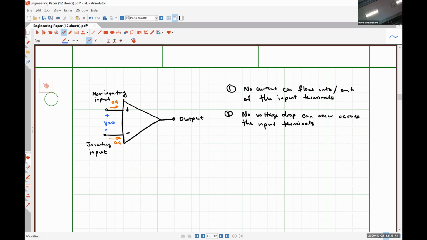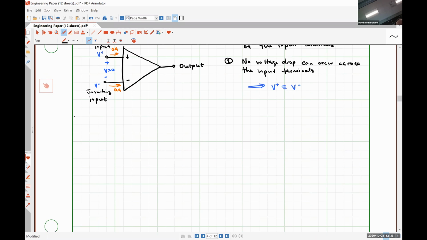If we label our voltage at our inverting input as V minus, a voltage with respect to ground, and we label the voltage at our non-inverting input terminal, again a nodal voltage with respect to ground, op amp rule number 2 implies that voltage V plus has to be identical to the voltage V minus, which again, all of this was covered in the video.